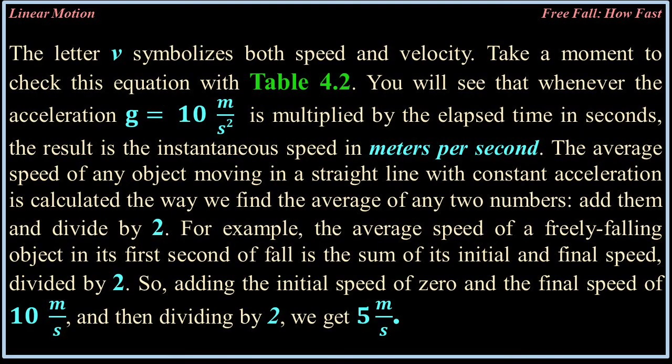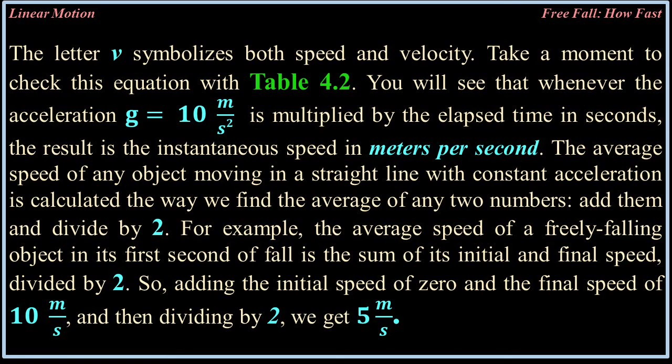The letter v symbolizes both speed and velocity. Take a moment to check this equation with table 4.2. You will see that whenever the acceleration g equals 10 meters per second squared is multiplied by the elapsed time in seconds, the result is the instantaneous speed in meters per second.